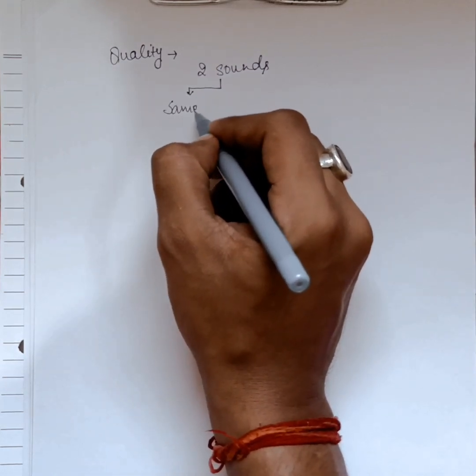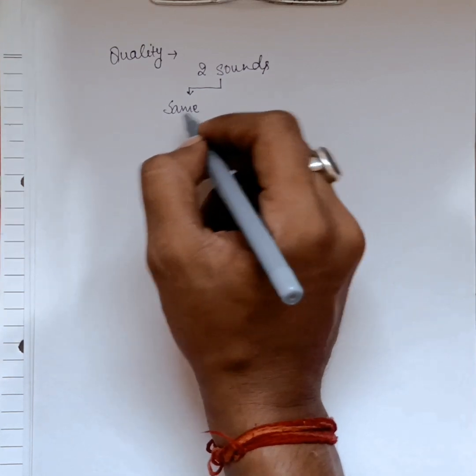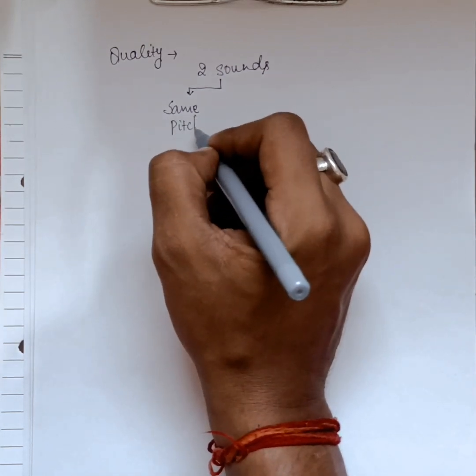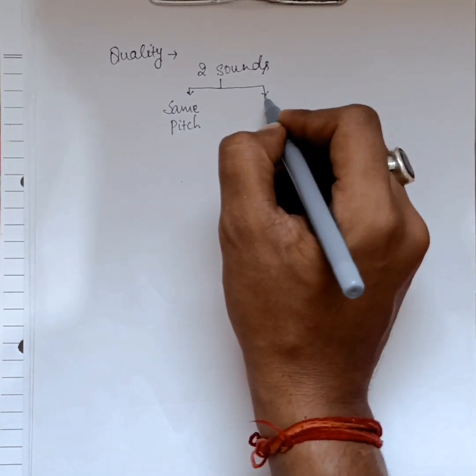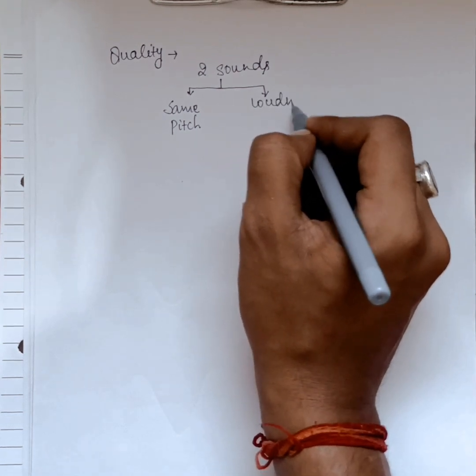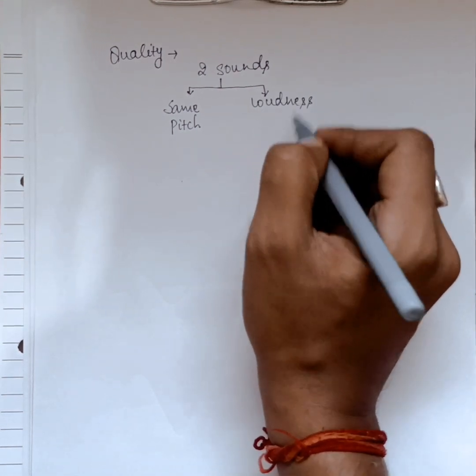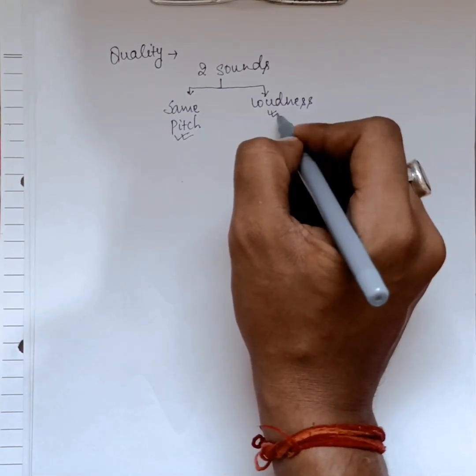We have studied the same pitch, about louder and softer, whether the sound is louder or softer, and the other thing we have discussed is loudness. So we have discussed two qualities: one is pitch and the other is loudness of the sound.